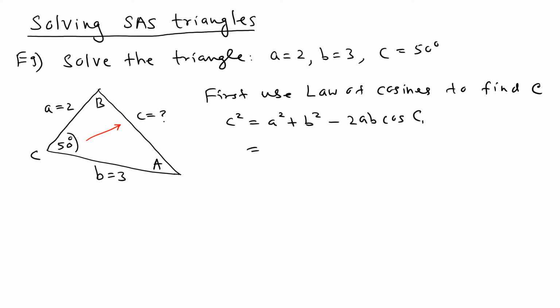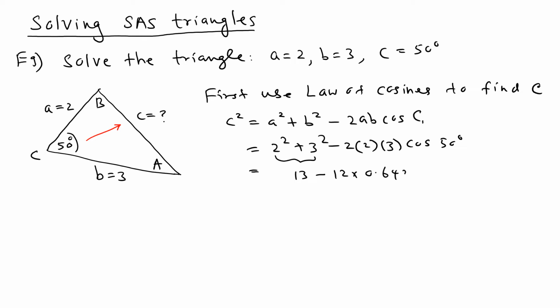And then we're going to plug in. We know all of these, so it is 2 squared, b is 3, so 3 squared, minus 2 times 2 times 3 cosine 50 degrees. Then we can calculate this: we get 13 minus 12 times 0.6428, and if you simplify you get 5.2864.